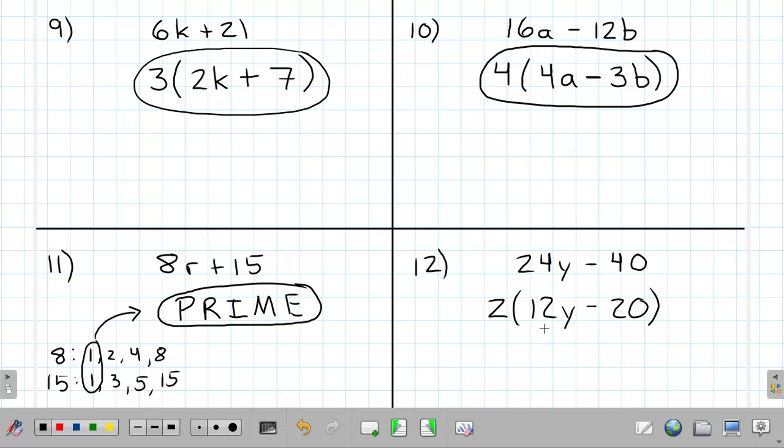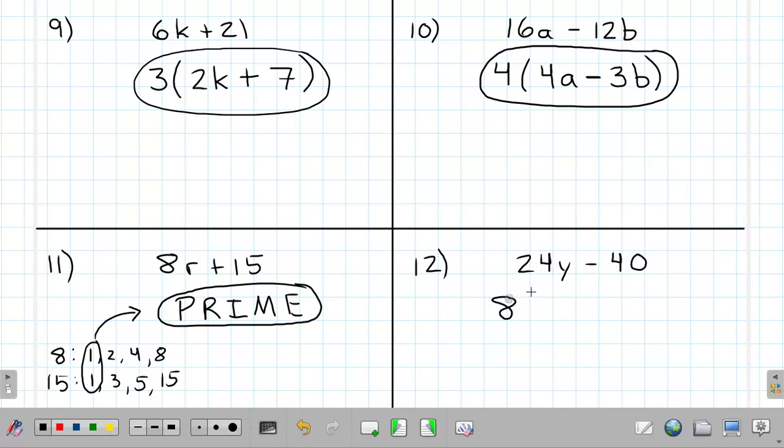Okay. They actually, if you want to be thorough with it, you could both see that both of these actually have a factor of 4. But we can actually go from the very start and get it on the first try because we can notice, okay, 24 is divisible by 8, and 40 is also divisible by 8.